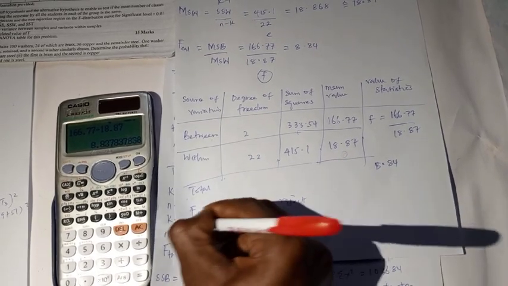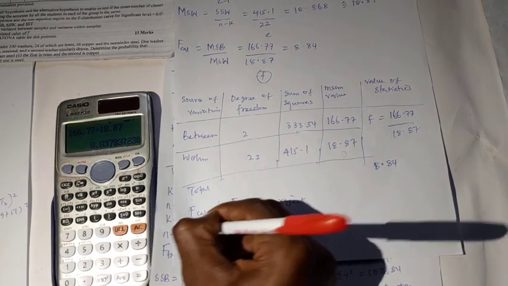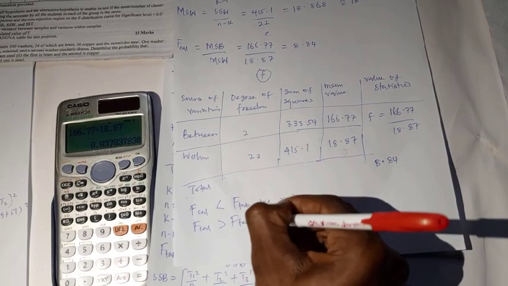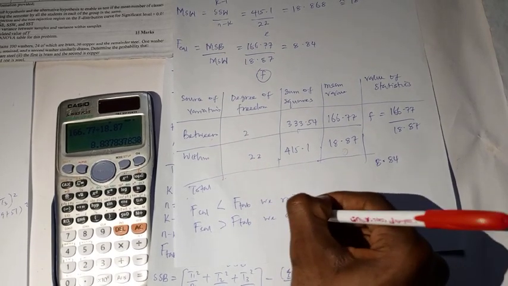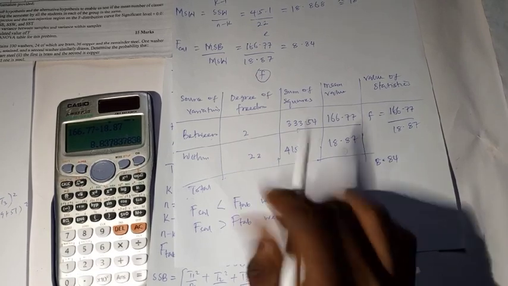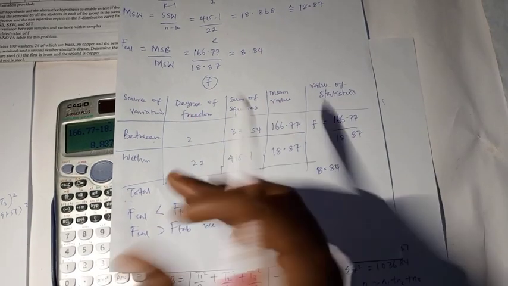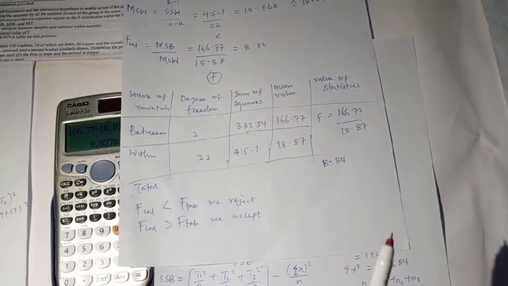Now if our F calculated is greater, we accept. So from the question that we solved, are we going to accept or are we going to reject? Just answer the question by yourself.